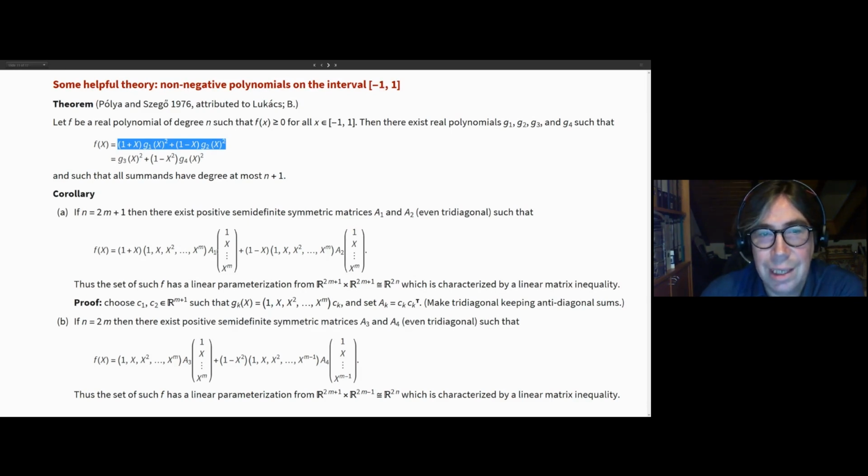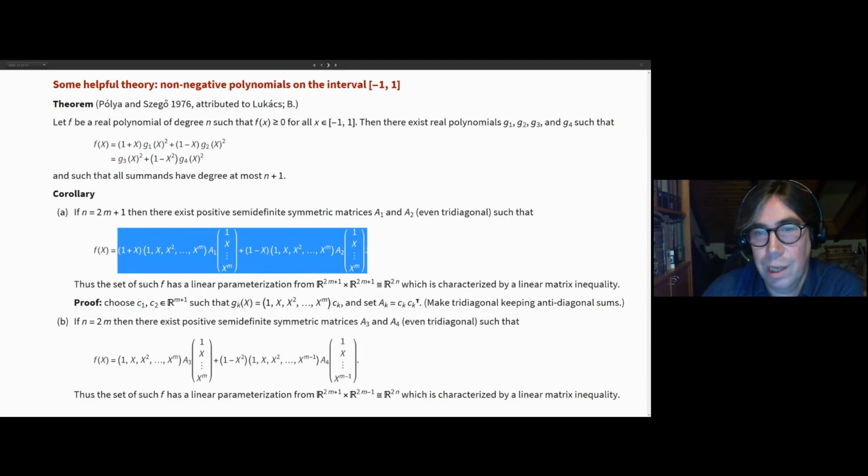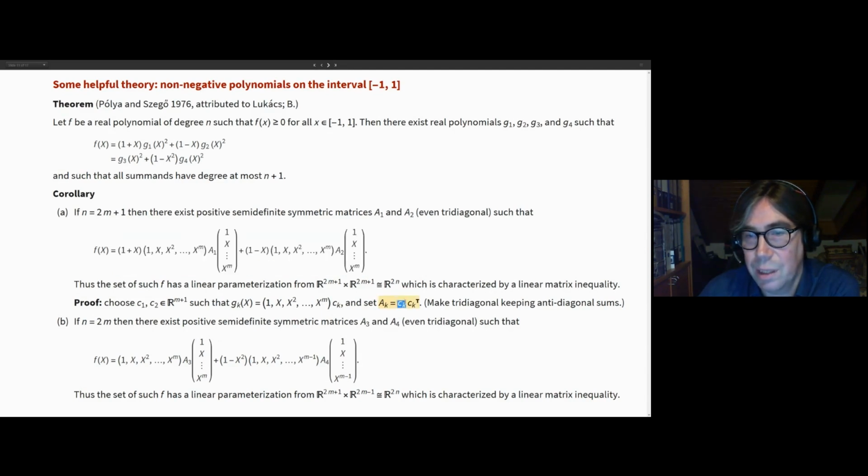And then there's the observation that you can write the first representation, which is still in blue here, in this way, where A1 and A2 are positive semi-definite matrices. You can even choose tridiagonal matrices. Namely, you write the polynomial G1 or G2 in such a way with a coefficient vector ck, and then you see that you have ck times ck transposed here.